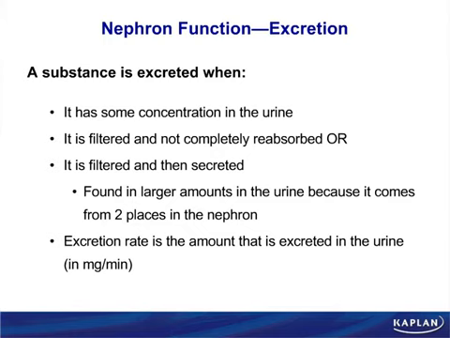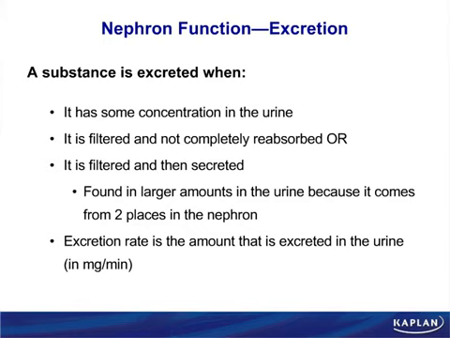Excretion. Now, this is a very important concept to understand. What does excretion mean? Excretion means that a substance is in the urine. If a substance is in the urine, that substance is excreted.